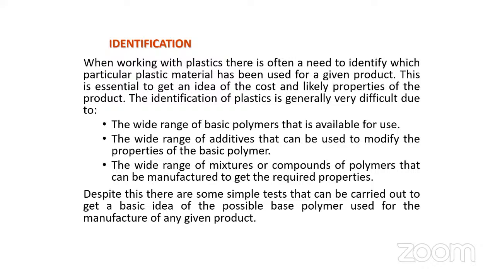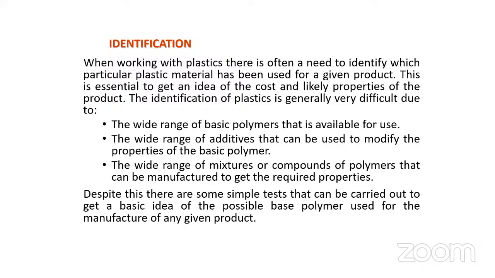Then the second one is the wide range of additives that can be used to modify the properties of the basic polymers. Suppose you have A and B, two polymers. A will have some specific properties, but B does not have those properties. But you can modify the B polymer by adding some additives, and you can get the properties of the A polymer.